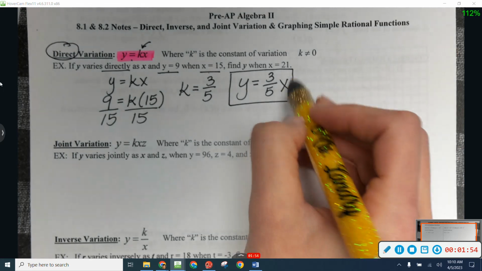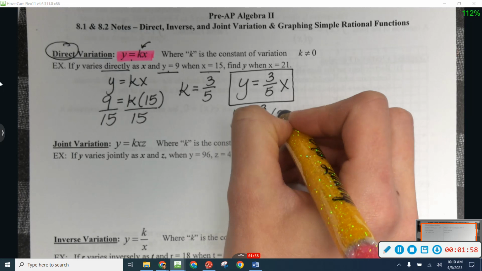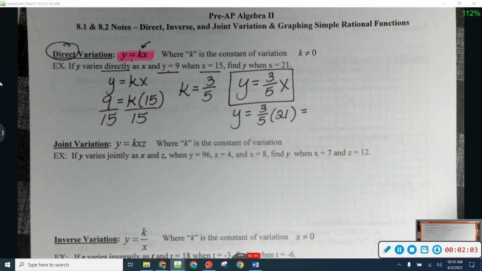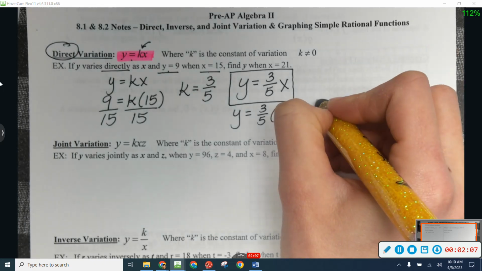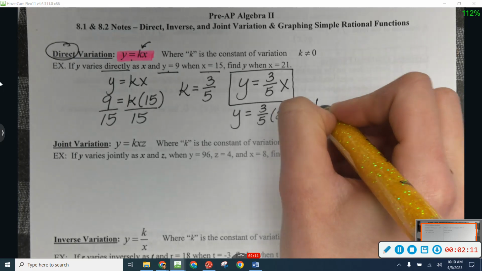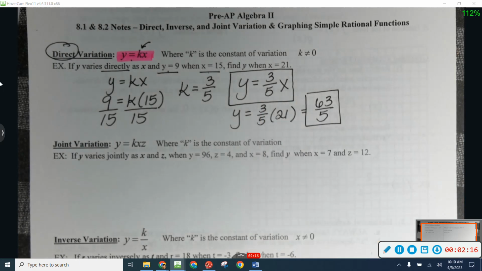Now I'm going to plug in 21, so y is equal to 3/5 times 21. And what is that going to give you? Should be 63/5. These problems are literally plugging in numbers, solving for your unknown, making your equation, and plugging in another number, okay?